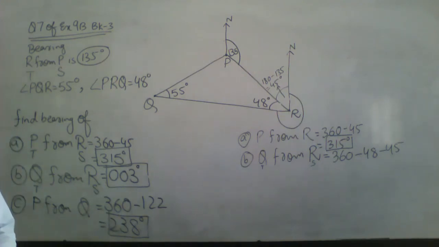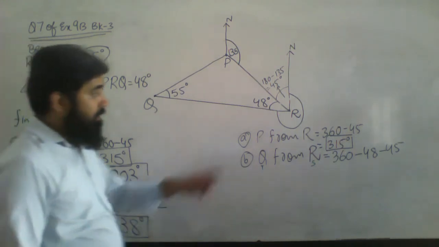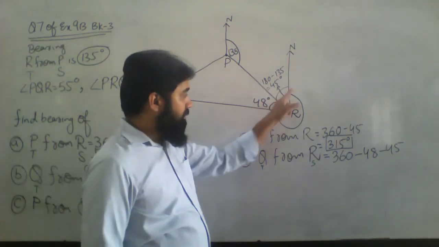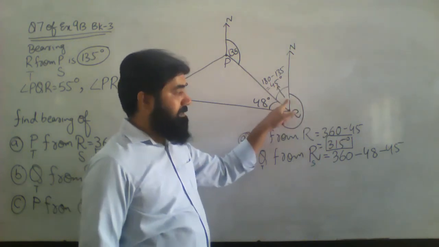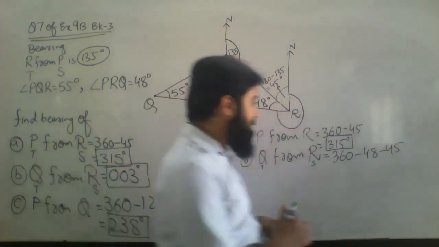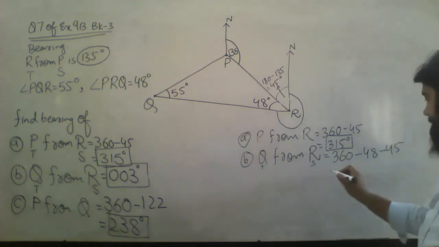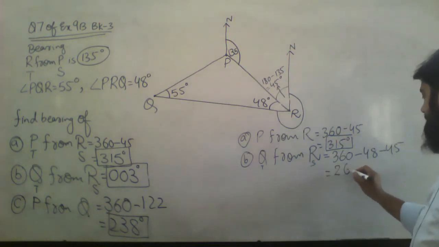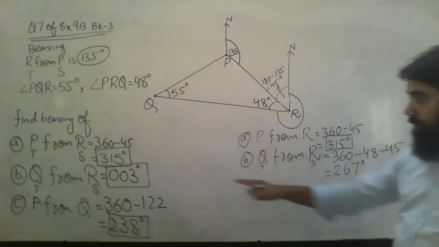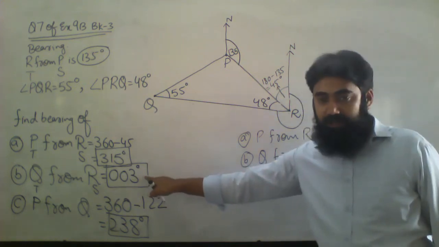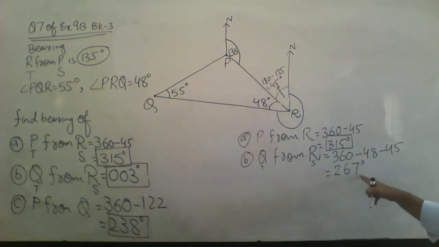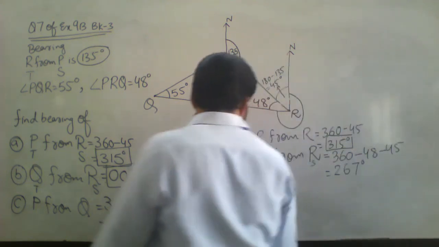That's why I have taken it in this way: subtracting from 360, and subtracting this and this. When I subtract, the result is 267 degrees. In the previous part it was coming 003 degrees, and now it is coming 267 degree bearing. That's the second part which is given in your book, and the answer is also there.